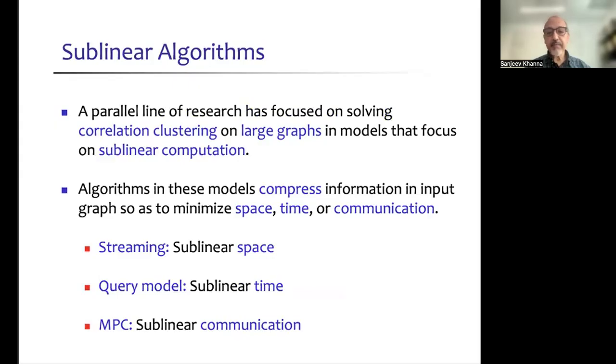Query model, where the input graph is accessed via queries and the focus is on designing a sublinear time algorithm. And the MPC model, where the input graph is partitioned across multiple machines, and the focus is on computing a high-quality solution using a small amount of communication between these machines.